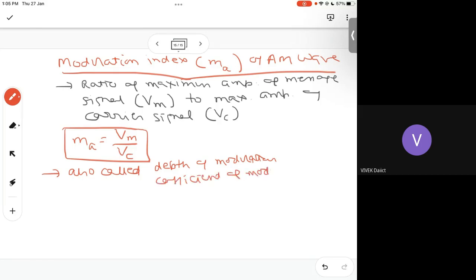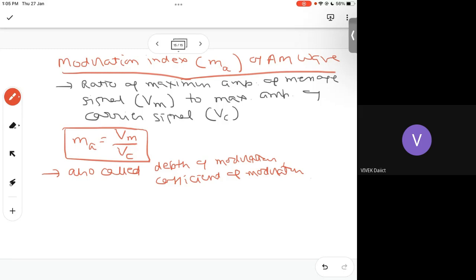See, modulation we always do in our speech. Sometimes we modulate our voice. Sometimes I will speak with more amplitude, so that means I am changing the amplitude. That means I am modulating my voice so that it reaches you properly. Sometimes I speak very fast, or sometimes very slow. That means I am changing the frequency of my signal.